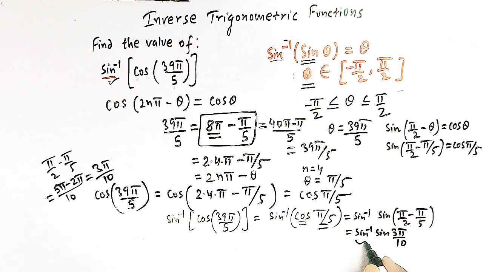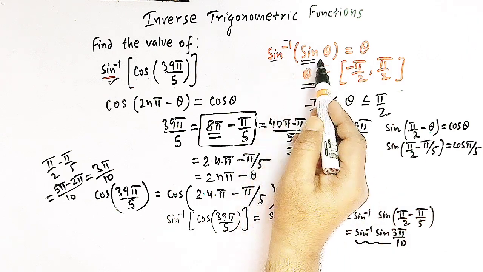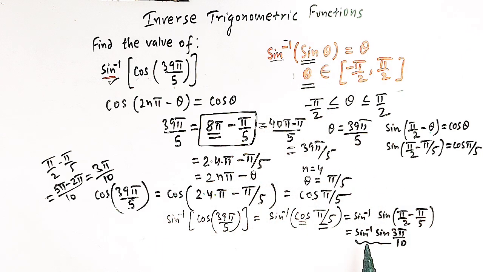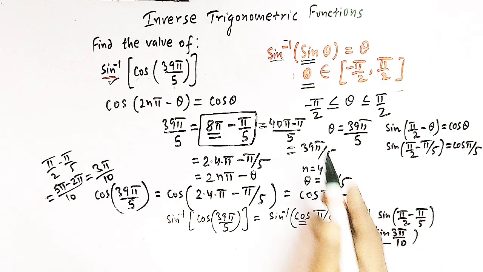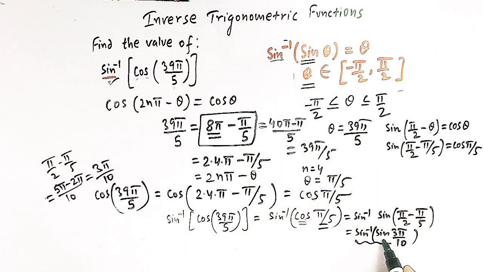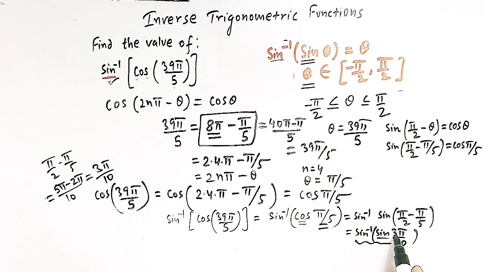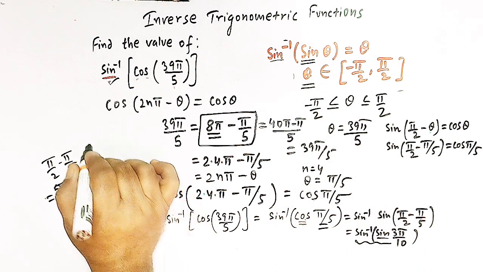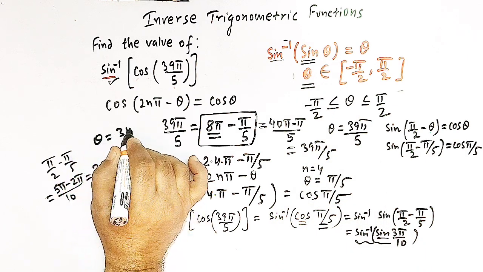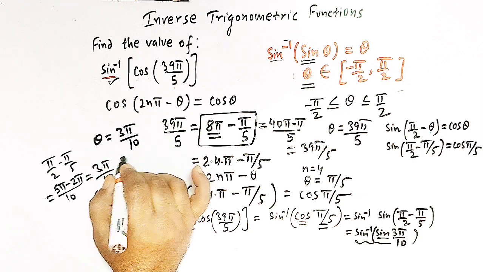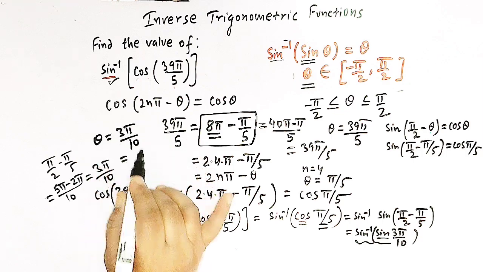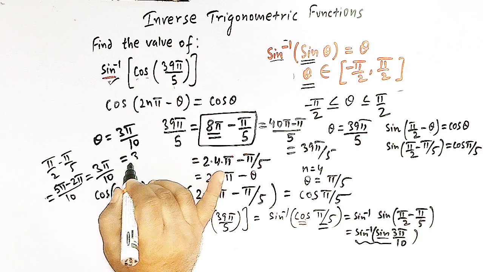So now if we compare this expression with this one, then here we have sine inverse, here also we have sine inverse, and here we have the sine function, here also we have the sine function, and theta is now 3 pi over 10.